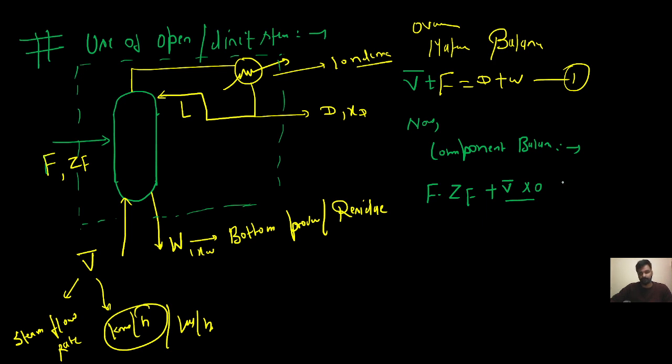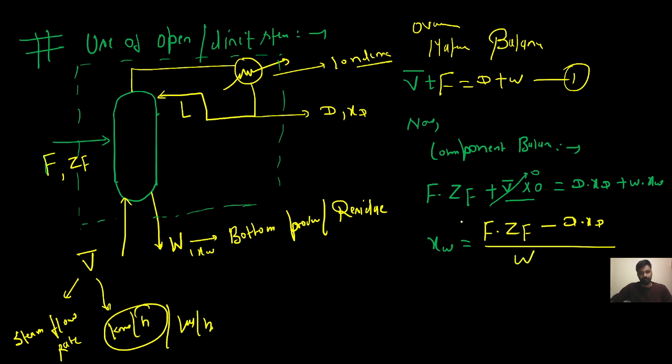That's why V bar into 0, that is equal to D into XD plus W into XW, right? So if I want to calculate the composition of the residue, you can write XW is equal to F into ZF minus D into XD upon W, right?